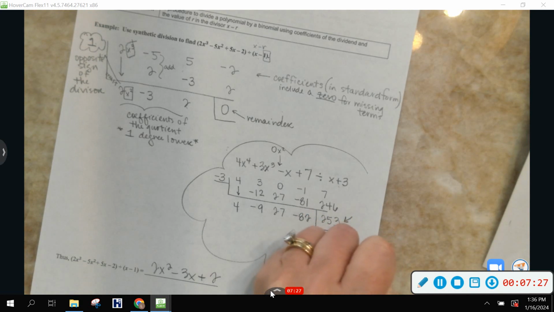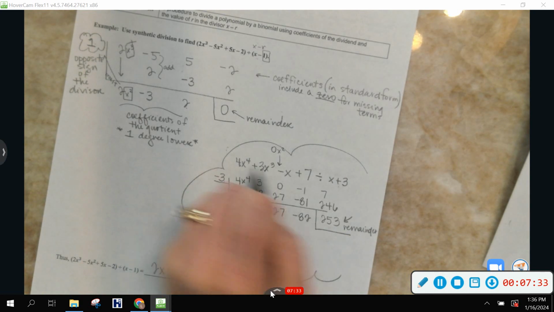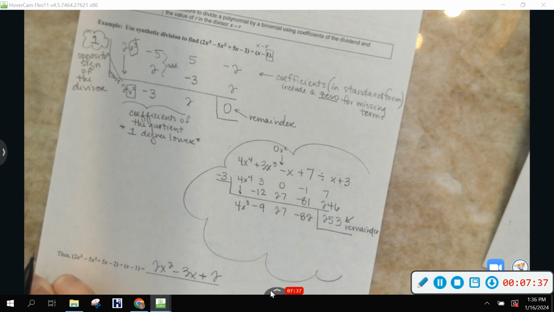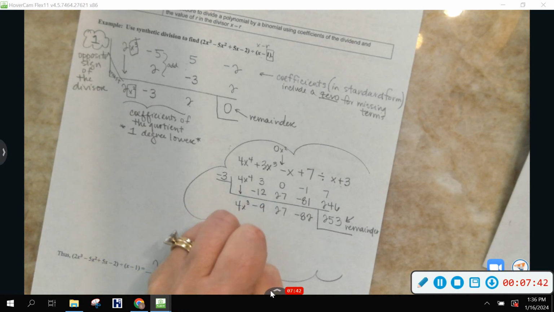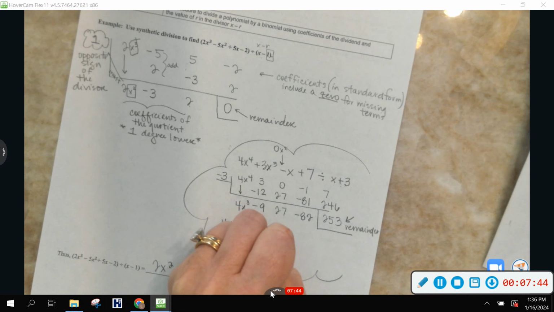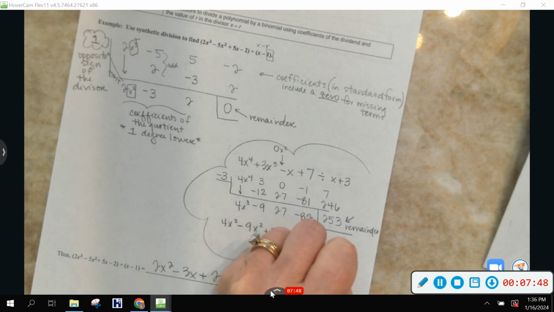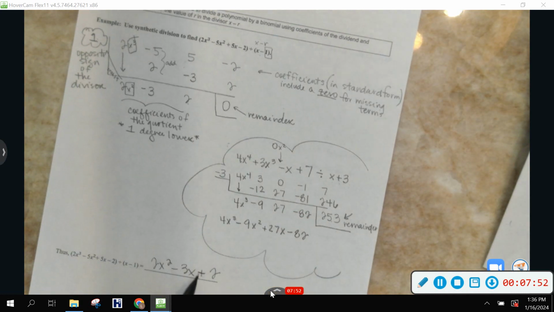This last number right here is my remainder. I started with an x to the 4th, divided by a linear factor, so I've reduced my quotient by 1 degree, so I'm now at an x cubed. So my answer would actually be 4x cubed minus 9x squared plus 27x minus 82 with this remainder. Here I didn't have one, so it divided perfectly evenly.